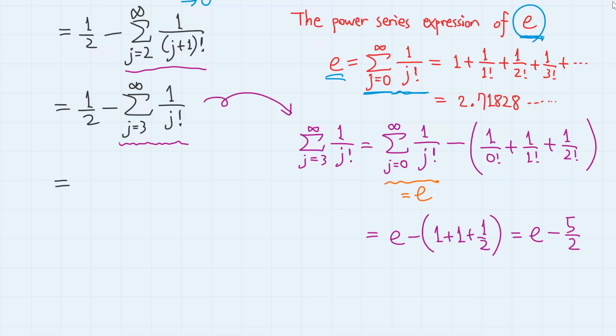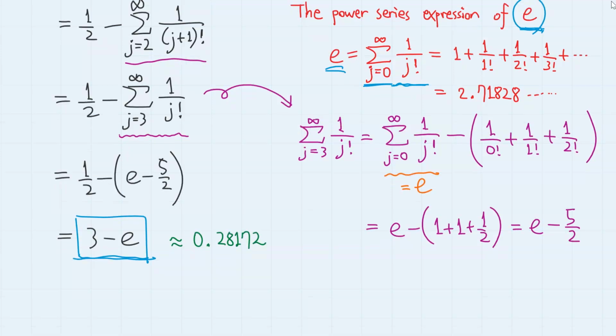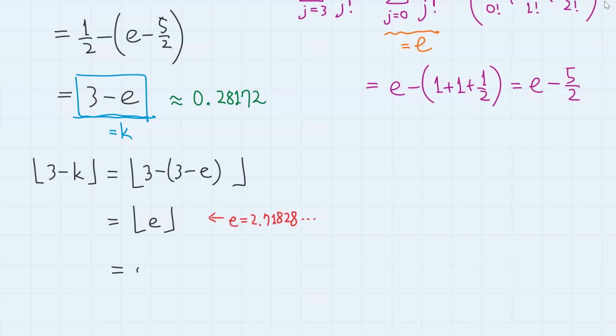Therefore, the value of the sum is 1 over 2 minus e minus 5 over 2, which is 3 minus e. So the value of floor of 3 minus k is floor of 3 minus e, so the floor of 3 minus e is 2.